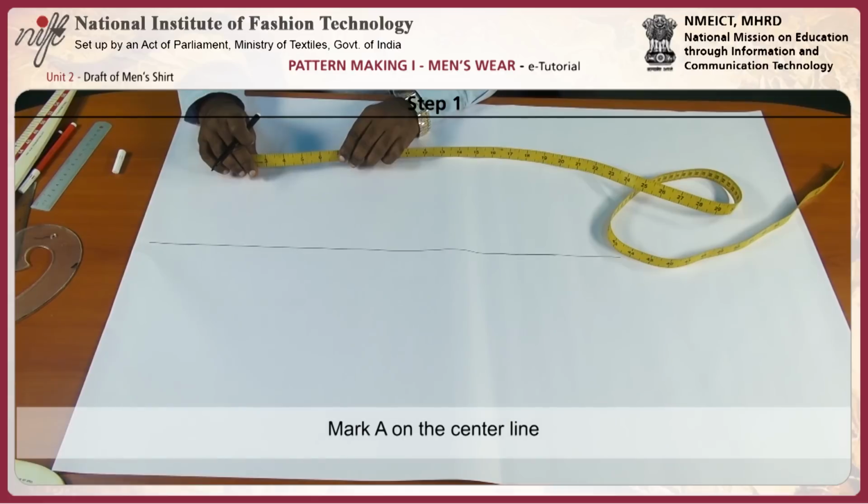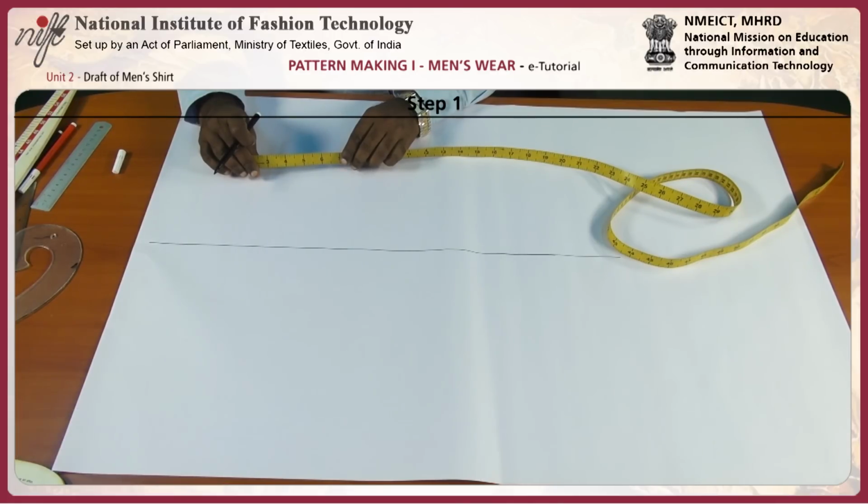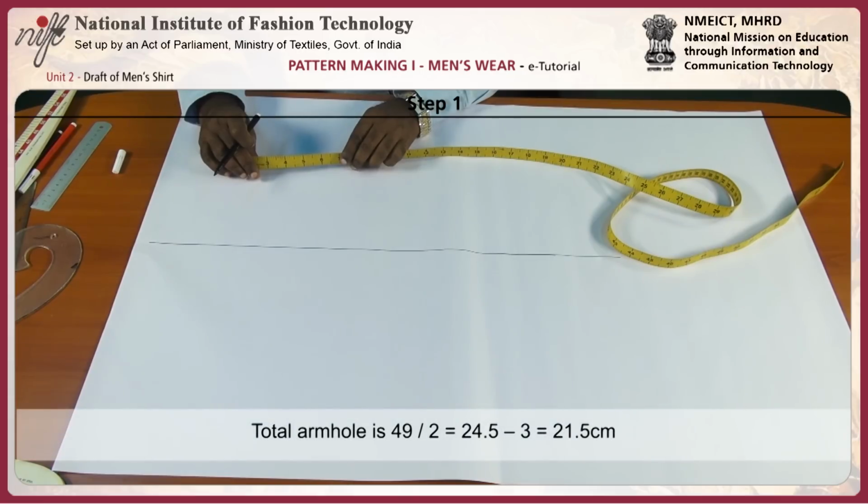Make a point A on the center line and draw a perpendicular line from point A and mark point B after measuring the length using the formula half armhole circumference minus 3 centimeter. Here the total armhole is 49 centimeter, divided by 2 will be 24.5, minus 3 centimeter is equal to 21.5 centimeter.